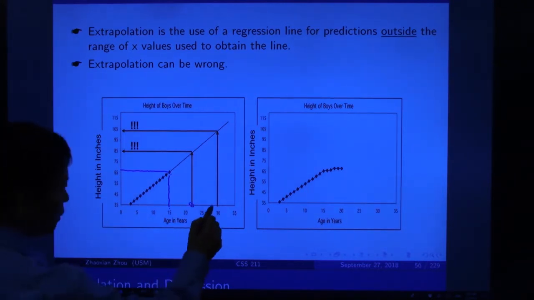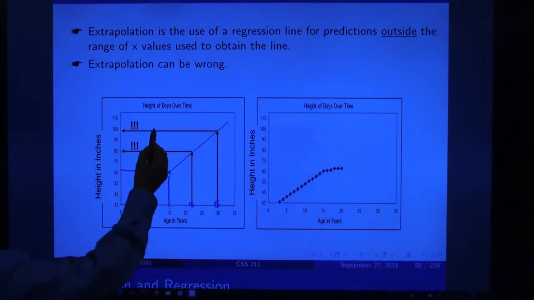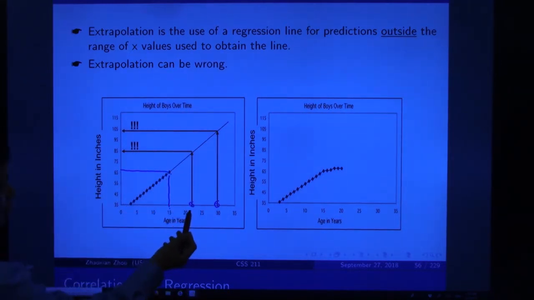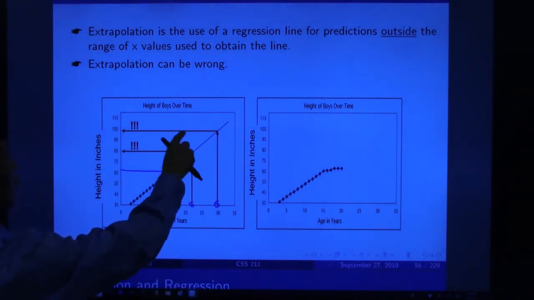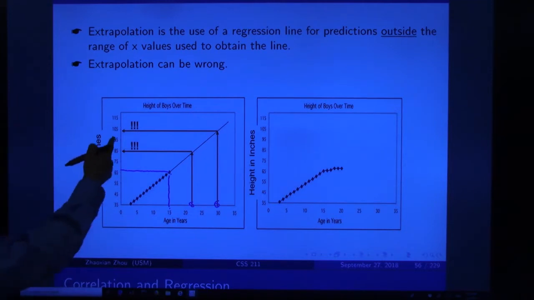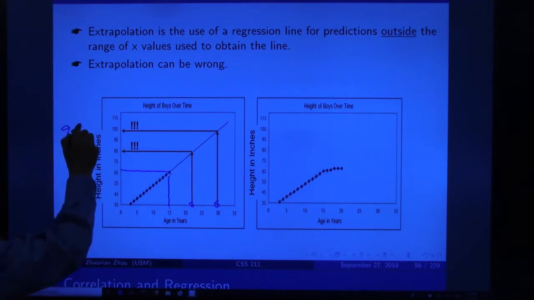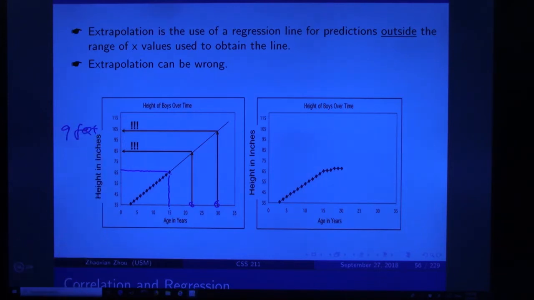How about when you are 30 years old? How tall will you be? We plug into this line and see that when you are 22, you will be 85 inches. That's maybe possible. But when you are 30, your height will be close to 105 inches, which is close to 9 feet. That looks ridiculous, though not impossible.